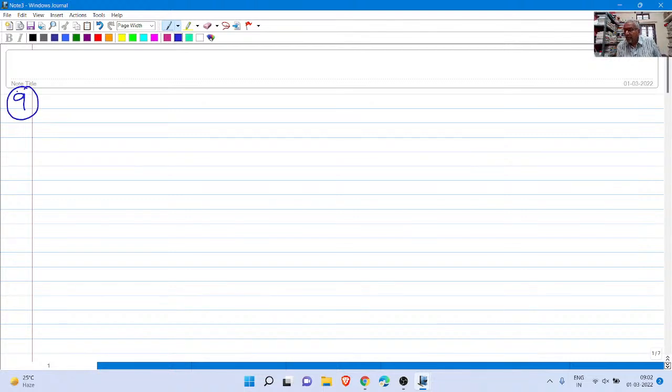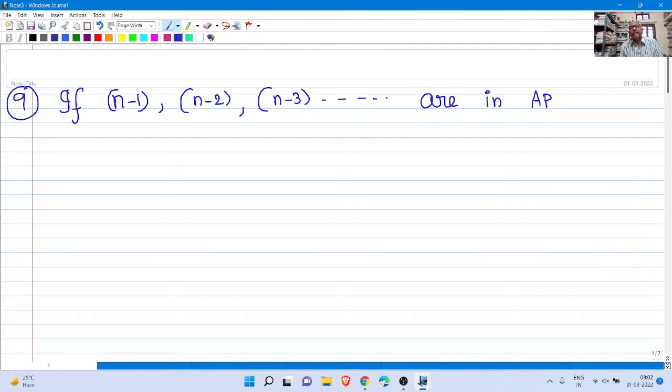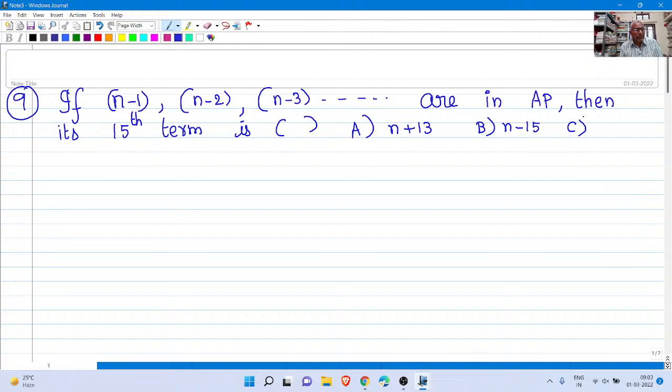If n minus 1, n minus 2, n minus 3, and so on are in AP, arithmetic progression, then its 15th term is: option A, n plus 13; option B, n minus 15; option C, n minus 14; option D, n plus 14.